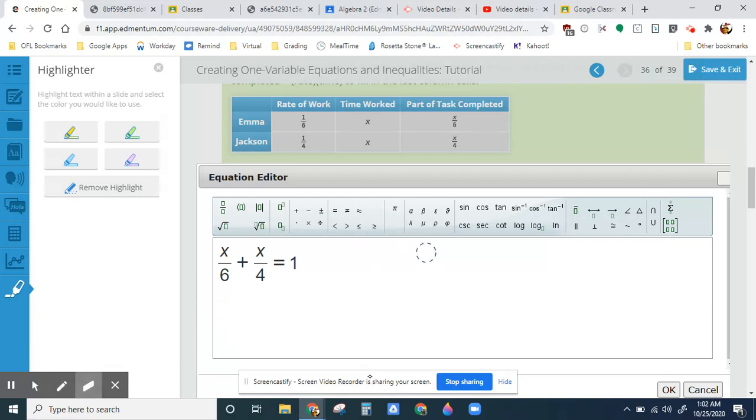Everything's divisible by 2, so let's divide everything by 2, and we end up getting this 12, right? So if you didn't understand that, you could always do this. 6 plus 6 is 12. 4 plus 4 is 8. Plus 4 again is 12. So the lowest common denominator is 12.